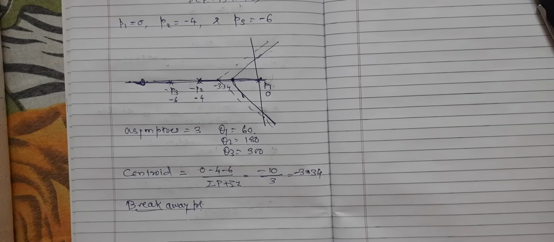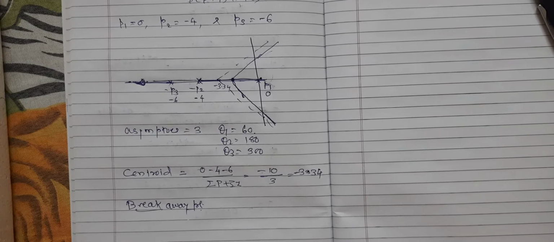Now see here, zeta that we have already calculated, zeta equals 0.504. Now find out the cos phi.